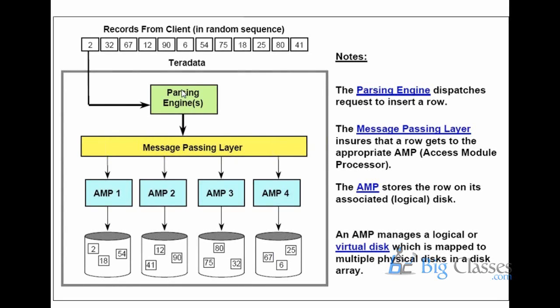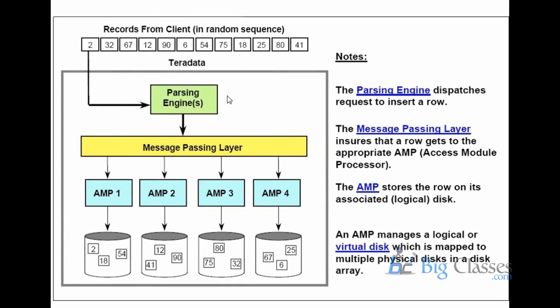So the request will be broadcasted to all the AMPs. Each AMP will have that request, select star from T1, select star from T1, select star from T1, and select star from T1. Each and every AMP will be running the task in a parallel fashion. That's how parallelism works in Teradata.